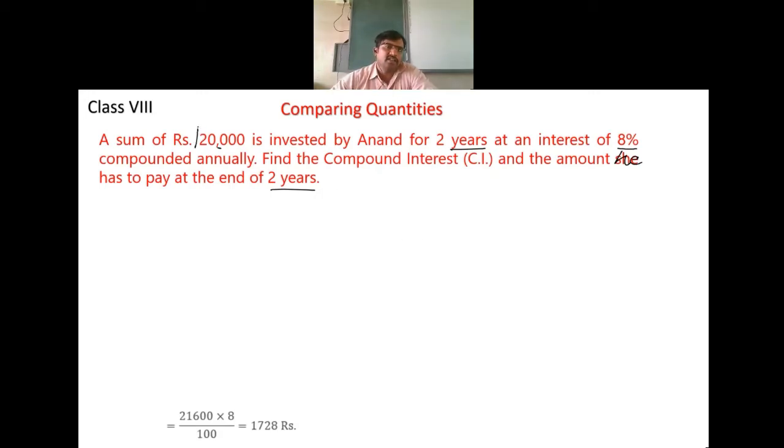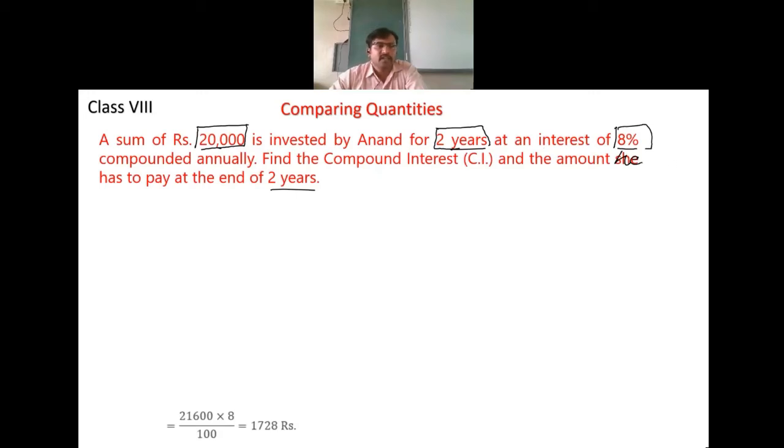Here, what is this sum 20,000? It is the principal. 2 years is the time period. 8% compounded annually, the rate is 8% per annum.